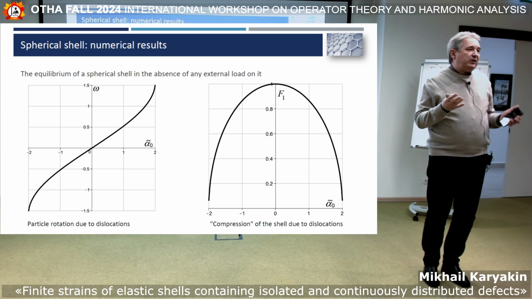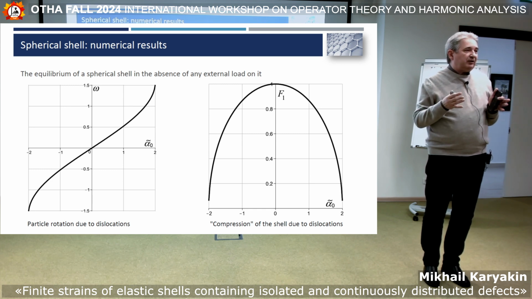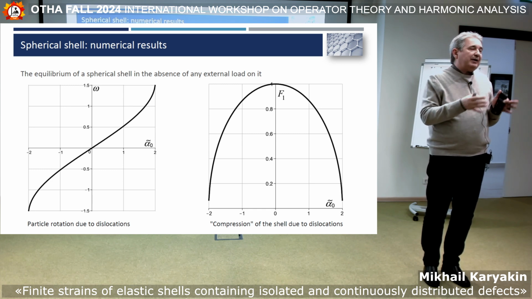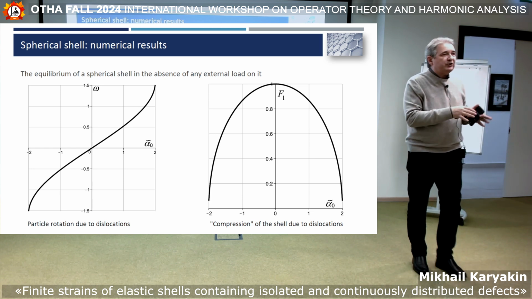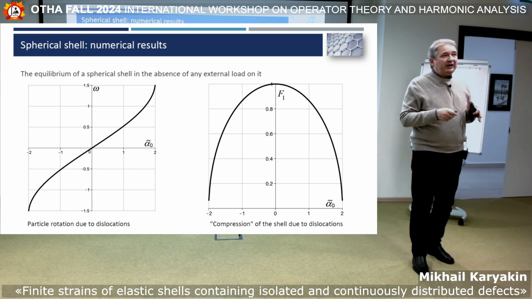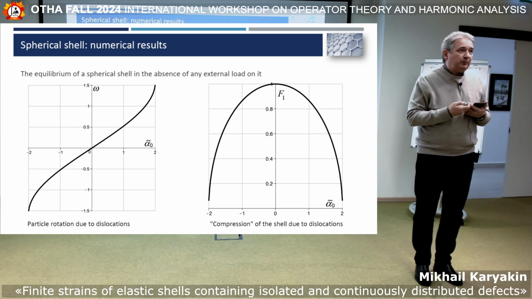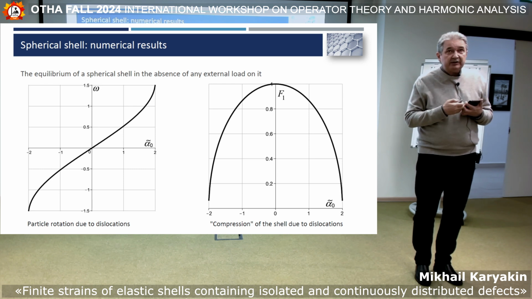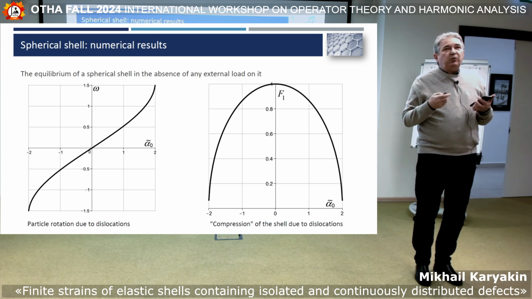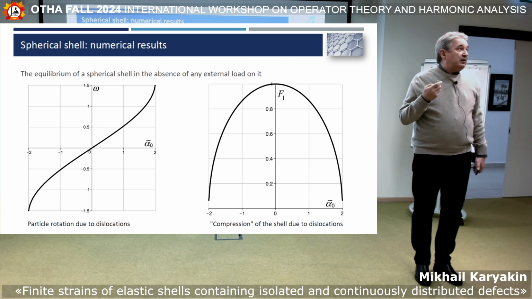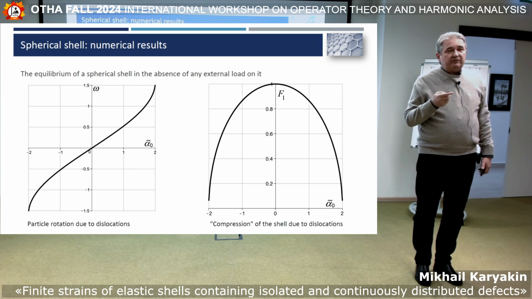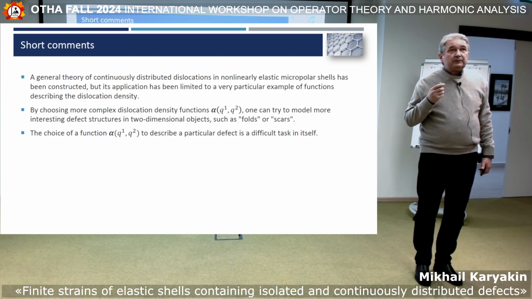In some sense, we embed or transform our shell in some non-Euclidean space of curvature and so on. But what is important from the mechanical point of view is that we can calculate strains and stresses, so we can define what happens with this shell during these operations.